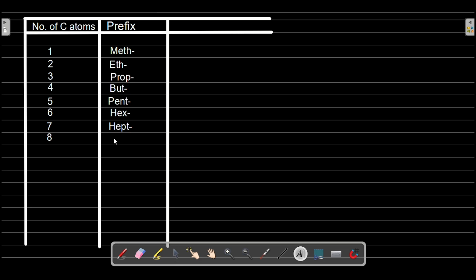And for 8, we have oct. There's still a lot more, but we usually don't go more than 8, so we'll leave it at oct. Most of the examples usually explore maybe 1 to 5 carbon atom chains, but 1 to 8 should be sufficient for all your questions.